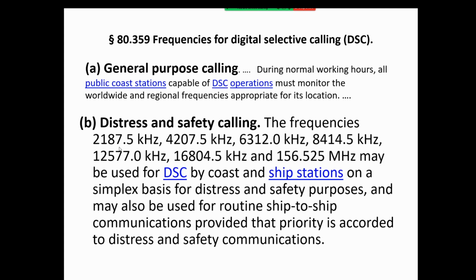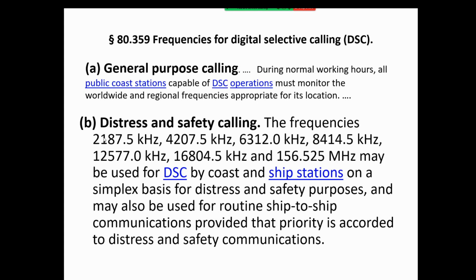So we can kind of move the decimal over 3 places and just call it 2 megahertz. 2,000 kilohertz is the same as 2 megahertz. It's a way to kind of quickly scroll through these medium and high frequencies. So this one is in effect 2 megahertz, the next one's 4, the third one's 6, the fourth one's 8, the fifth one's 12, and the sixth one is 16.